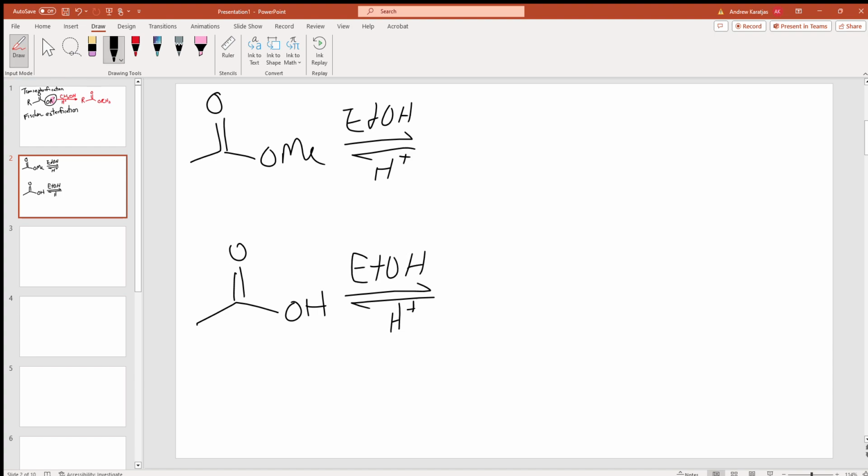Both reactions have the same equilibrium concerns, and so just as we talked about with the Fischer esterification, in the case of the transesterification, we would also use an excess of the alcohol.